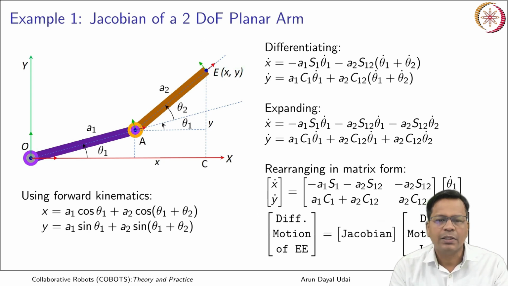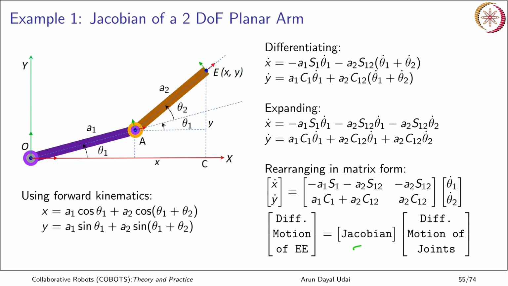This is the Jacobian. You see now it is relating the differential motion of the joints to the differential motion of the end effector. The 2 cross 2 matrix here is nothing but the Jacobian which relates the joint rates to the end effector rates.